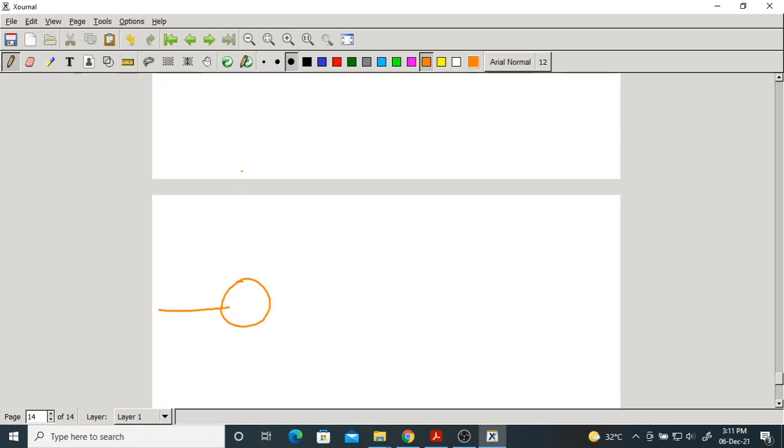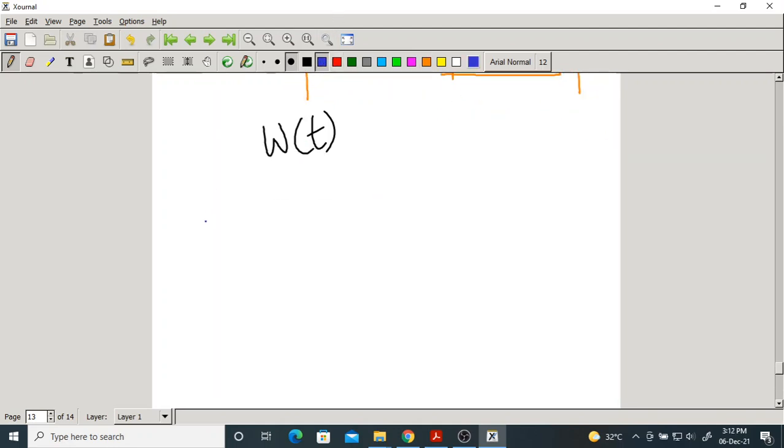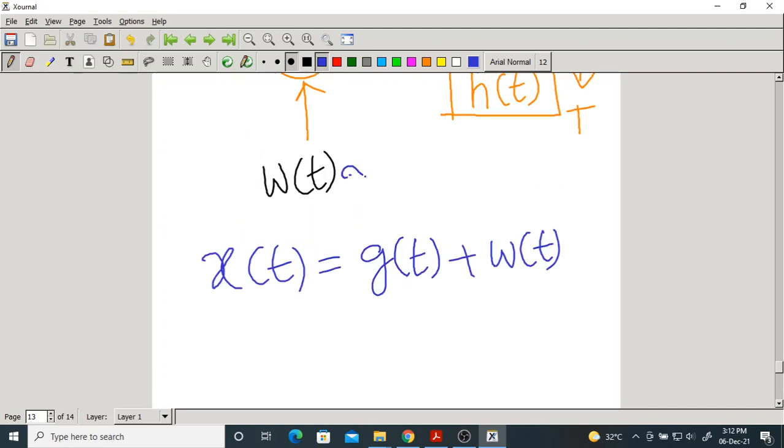So here, what do we get at x of t? x of t is a received signal, that is g of t, the modulated signal, plus some noise. You know already, noise is a Gaussian noise with zero mean and a uniform power spectral density n0 by 2.